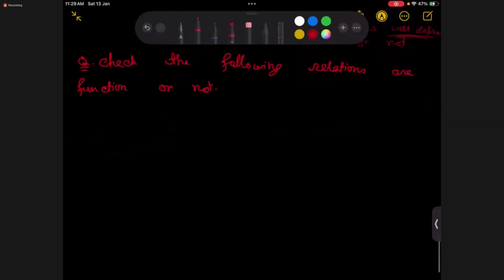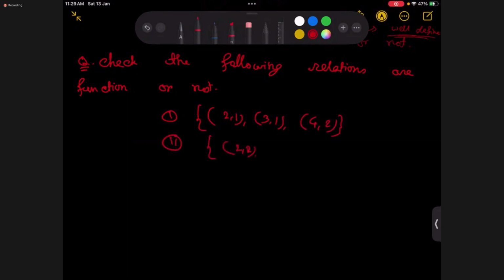The relations are: (1, 2), (1, 3), (1, 4), (2, 2), and in the second case (2, 2), (2, 4), (3, 3), (4, 4).